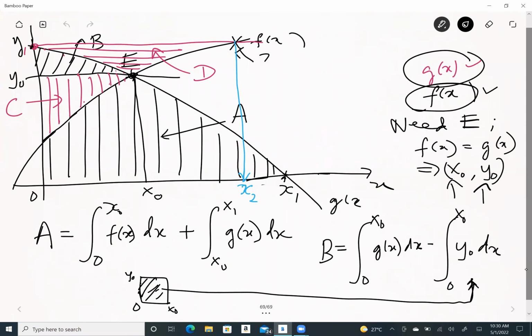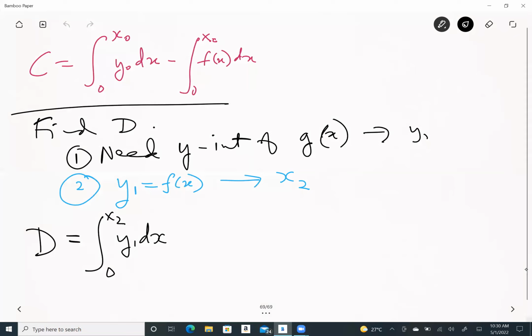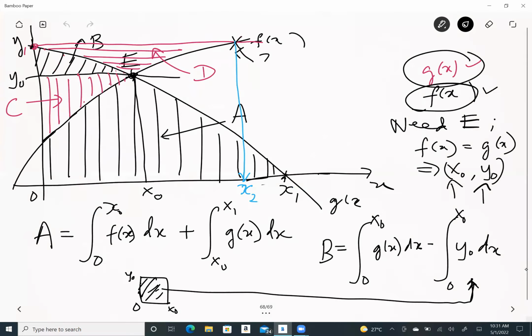So that is the first part. I need to take out from 0 to x0, and the function is g of x.